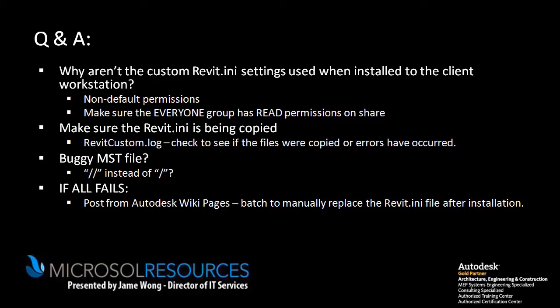As one of the other posters mentioned in the Autodesk wiki pages, if all else fails, you can also make a batch file to manually replace the Revit.ini file after installation. This is probably a workaround that will always succeed since it forces the Revit.ini file on the client workstations to be updated. As with all things in IT, you want to fix the problem and minimize downtime.